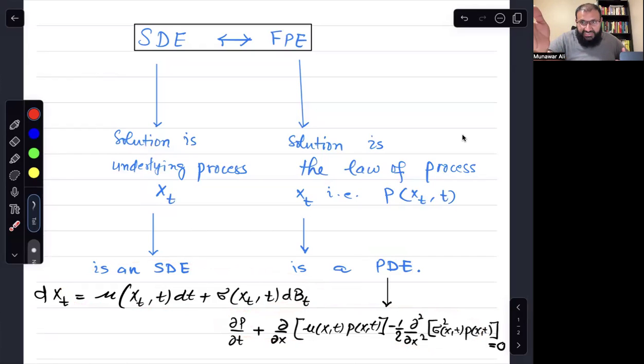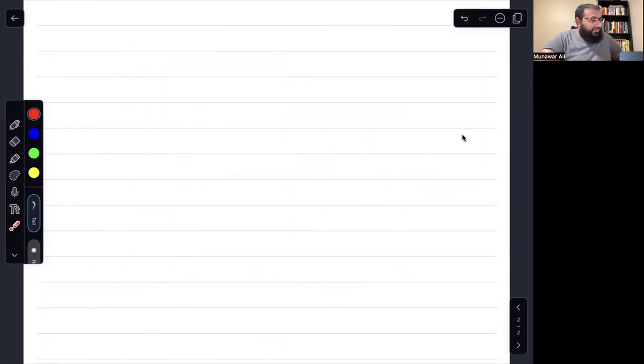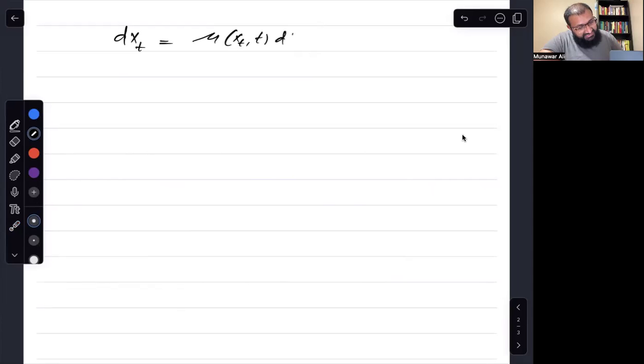And you truncate your Taylor series to certain terms. That's it. Okay. So let's take the SDE, which is dXt is mu of Xt, t dt plus sigma of Xt, t dBt.